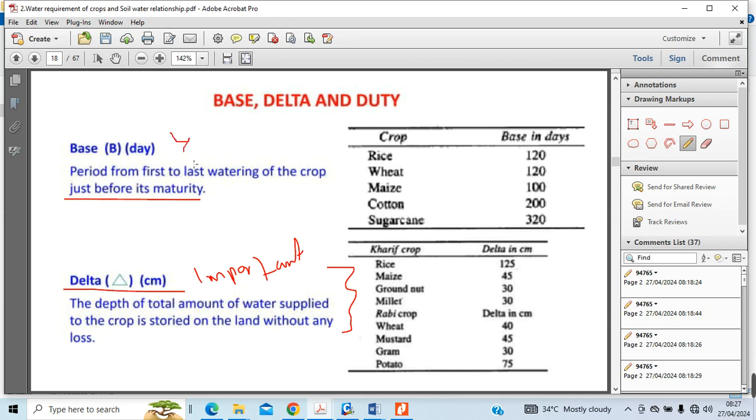Delta. About this, you have the calculation part also. Base period, delta.